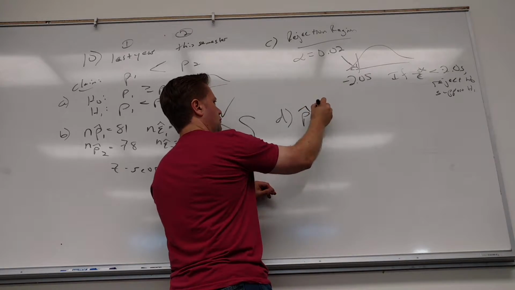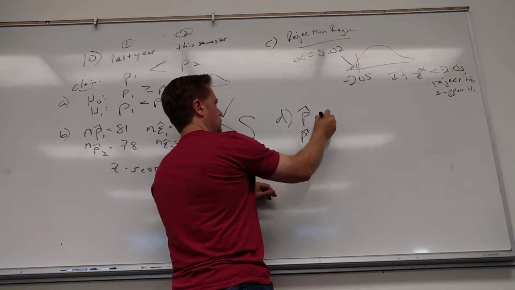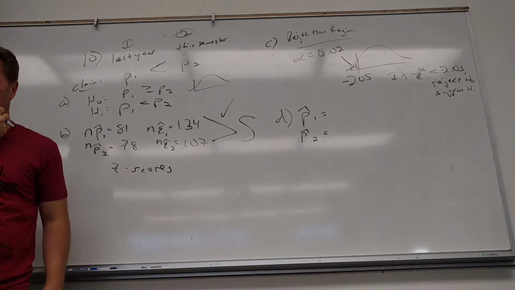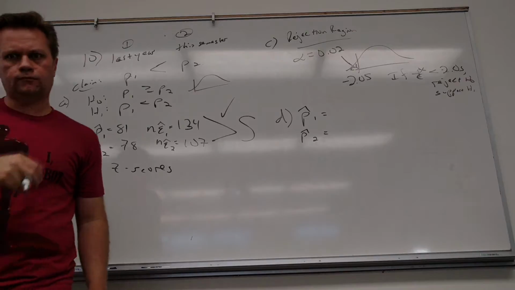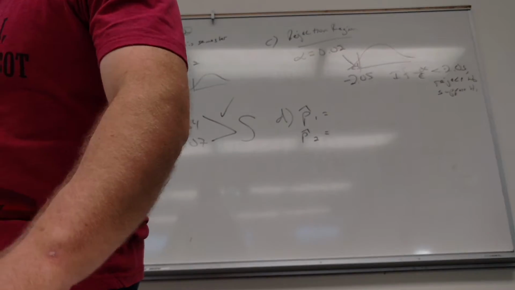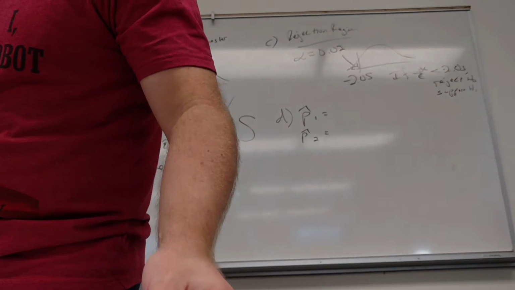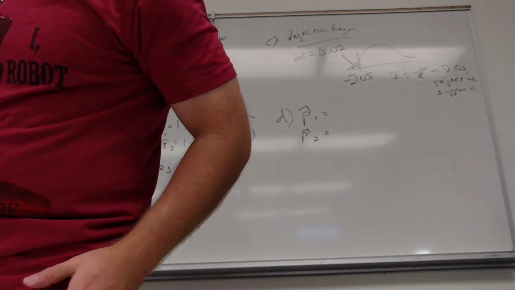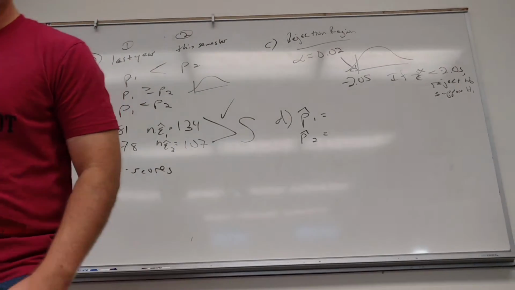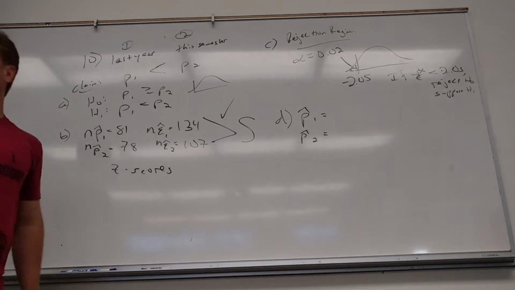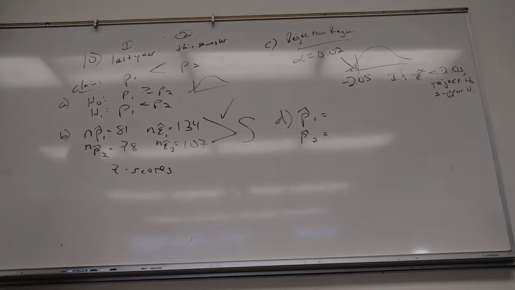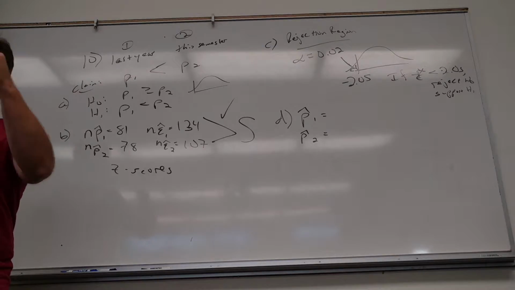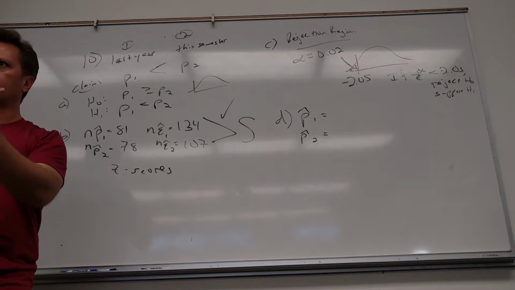Well, what is p hat 1 and what is p hat 2? Remember, the ones are from last year, so you just got to divide the numbers they give you.